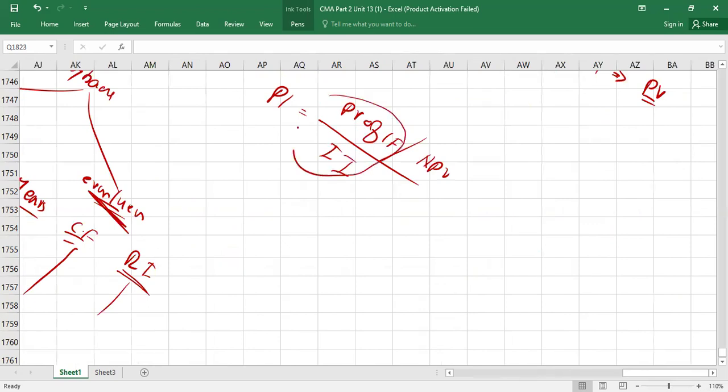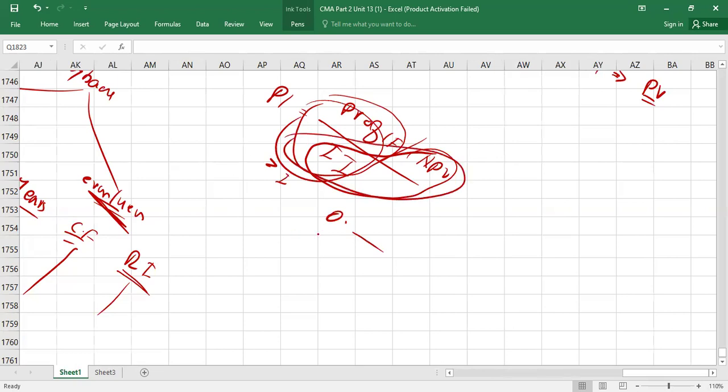If you are using the first formula, the profitability index will be greater than 1. But if you're using NPV divided by initial investment, then it will start from 0 point something. Please remember, whether you use this formula or that formula, it does not affect the ranking of the projects.